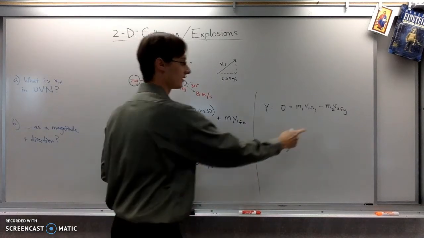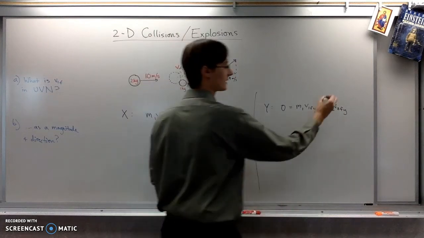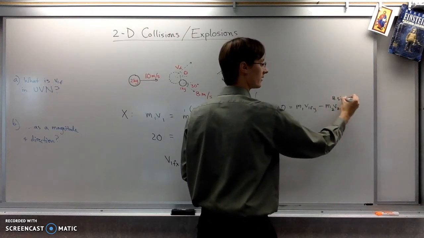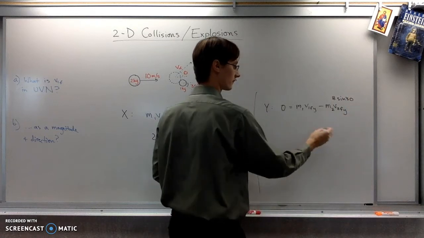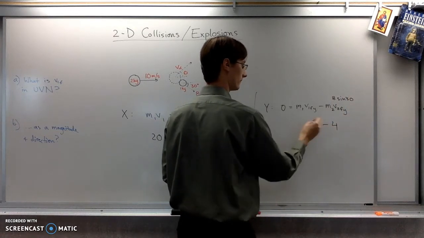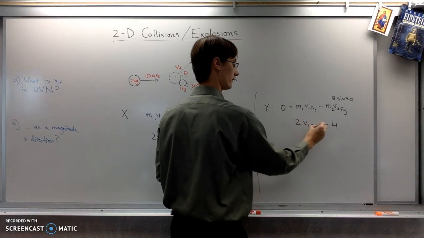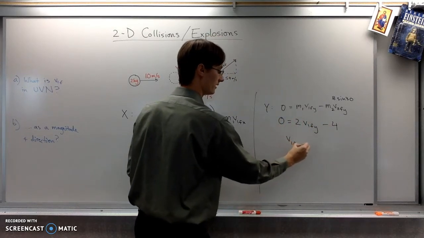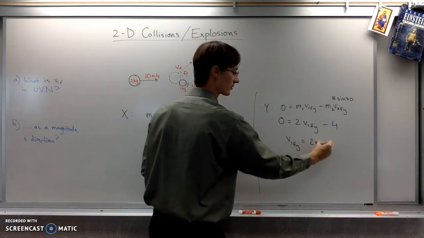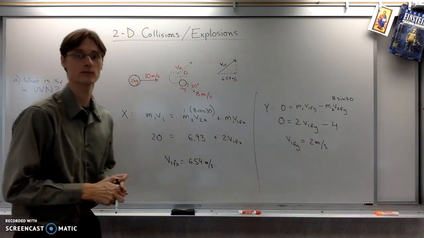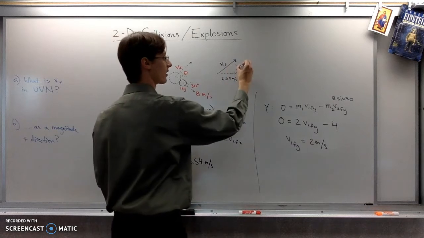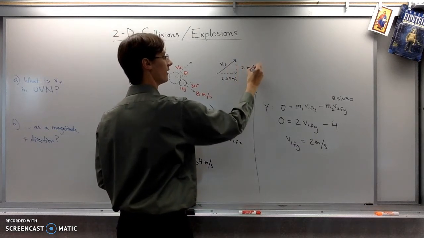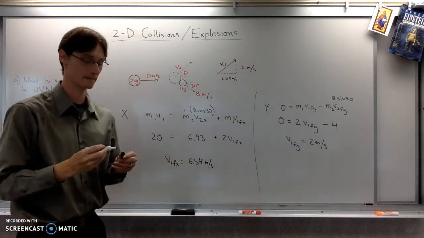And v2 final y is going to be 8 sine 30. So that means v1 final y is 2 meters per second. All right, so that right there is the y component of v1 final.